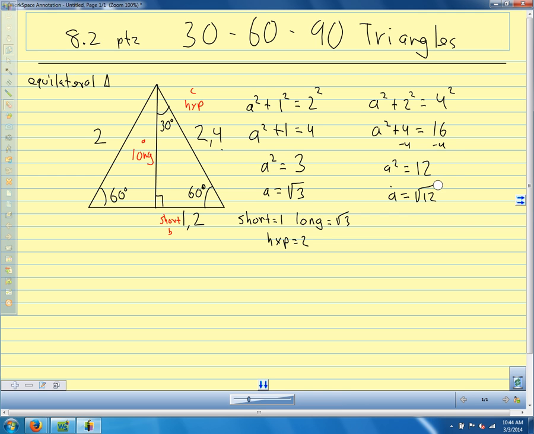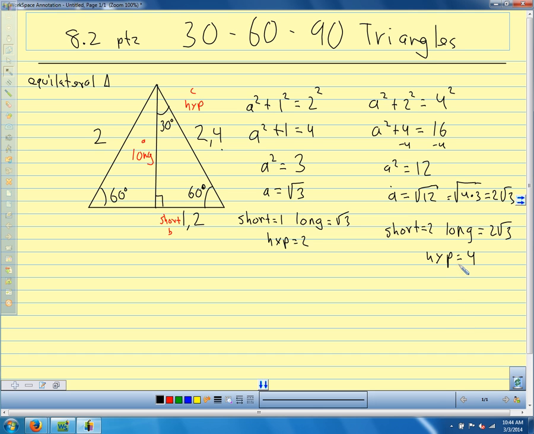And we can simplify that because 12 is 4 times 3. Square root of 4 is 2, and I get 2 square root 3. So here I get the short side equals 2, the long side equals 2 square root 3, and the hypotenuse is 4.